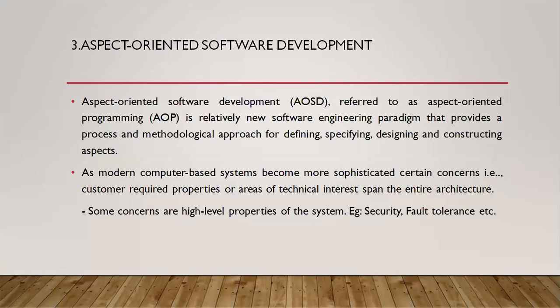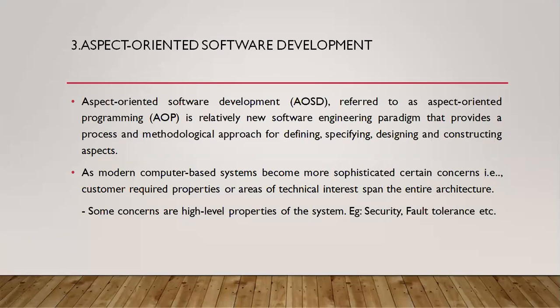Not every project is based on customer requirements itself, but here there are special requests by a customer. Aspect orientation means special requests by a customer. Based on those requirements only we are going to develop our project. Such projects are called aspect oriented software projects.